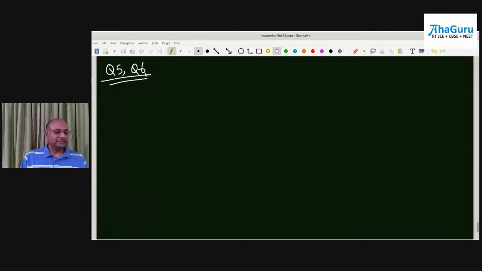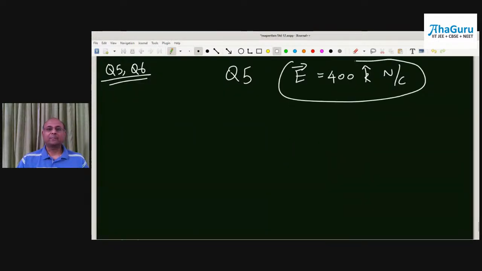It has a direction k cap. That is 400 k cap. Question 5: E should have been 400 k cap newtons per coulomb. I forgot to write the k cap. So 400 k cap.